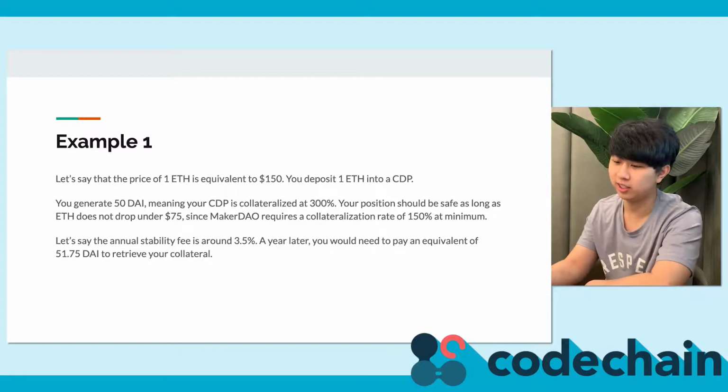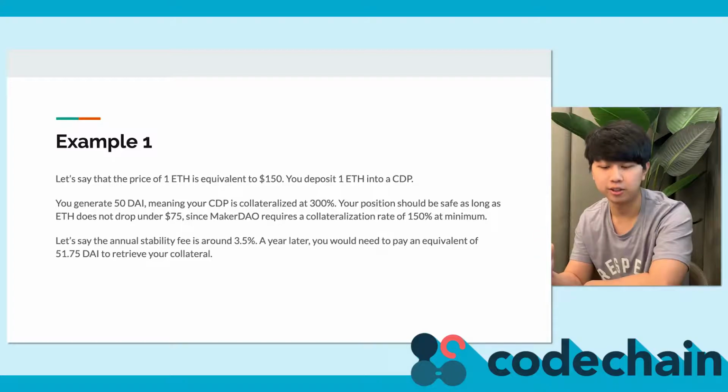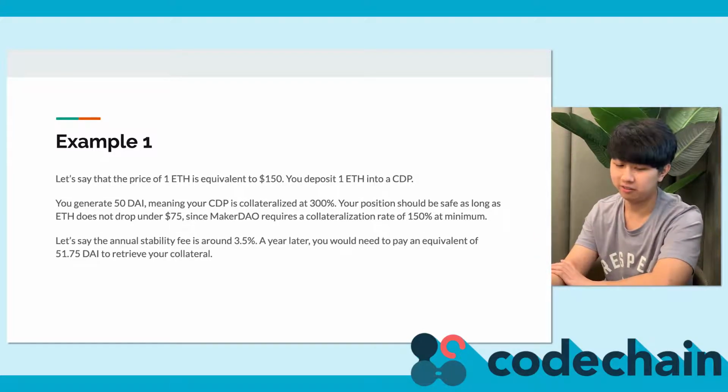So just to give examples, to clear things up, this is the first example. Let's say the price of 1 Ether is $150 and you deposit 1 Ether into the CDP and you generate 50 DAI. That means your CDP is collateralized at 300%. And that means you should be pretty safe as long as the Ether's price doesn't drop under $75.